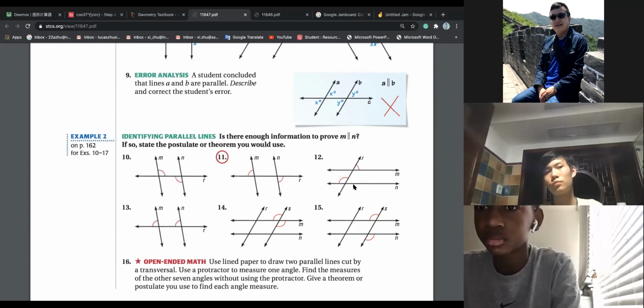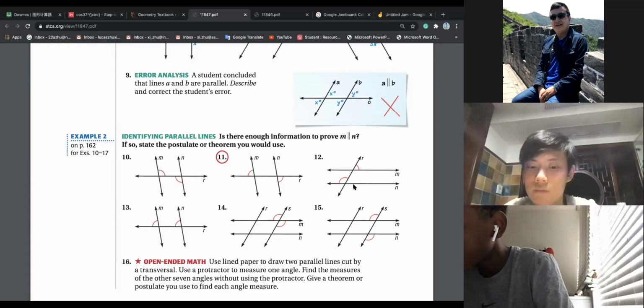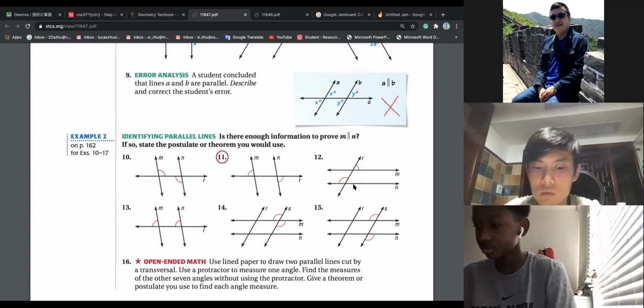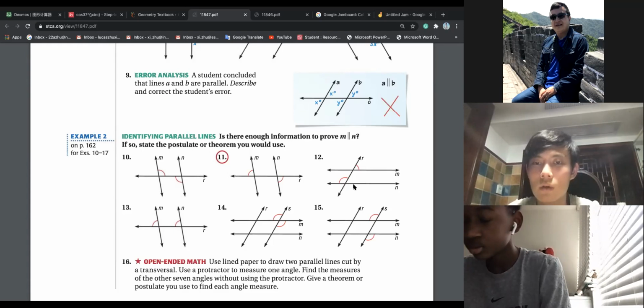Yep, how about this one? Supplement. Wait. That's not consecutive.